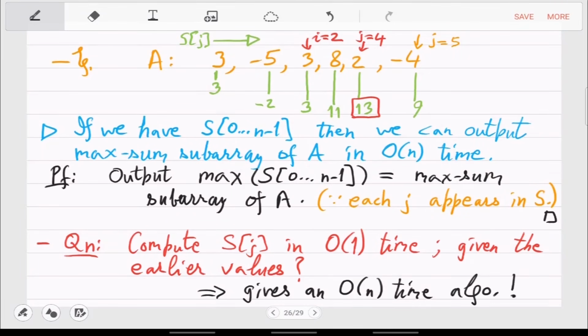Okay, so the conclusion is subject to this question, whether you can answer this yes or not. For this we have to formalize how Sj is related to the previous values, let's say Sj minus 1.